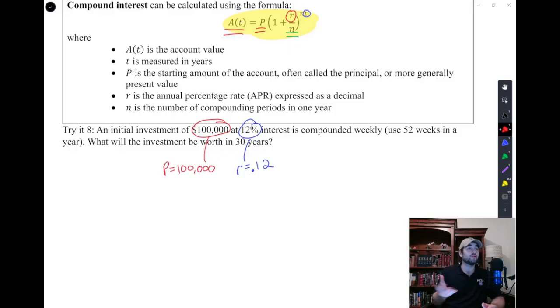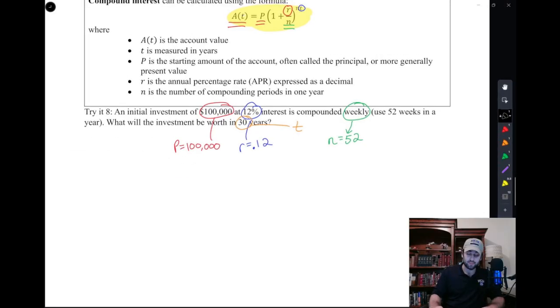Your rate is 0.12 or 12%. They're the same thing. It's compounded weekly. That means every single week. So that means the n is 52. And I want to know what it's going to be worth in 30 years. That's my time. And so I take those 4 things and I plug them into an equation.